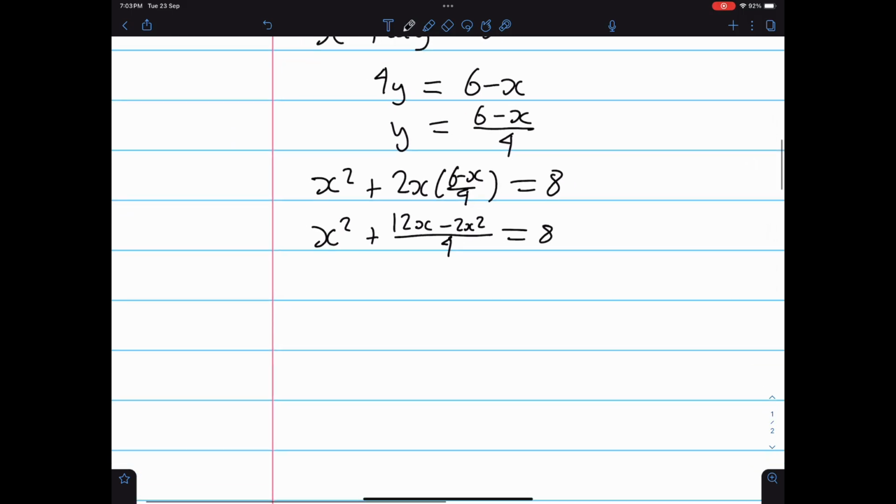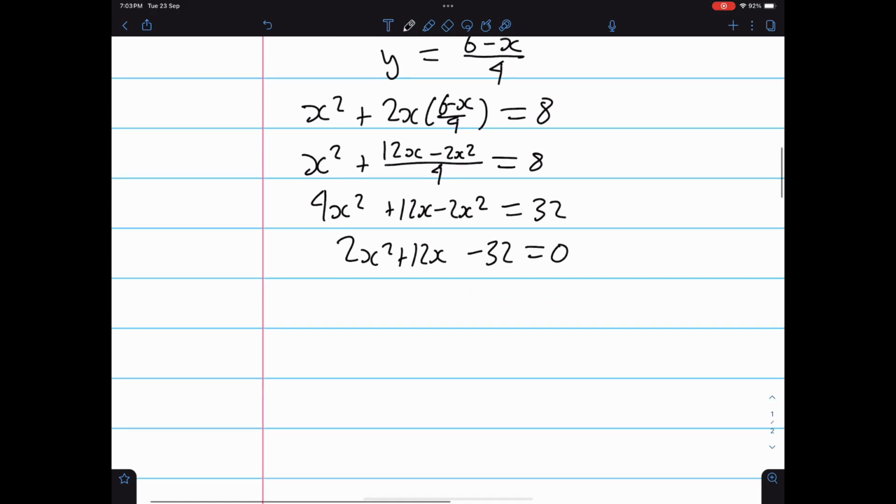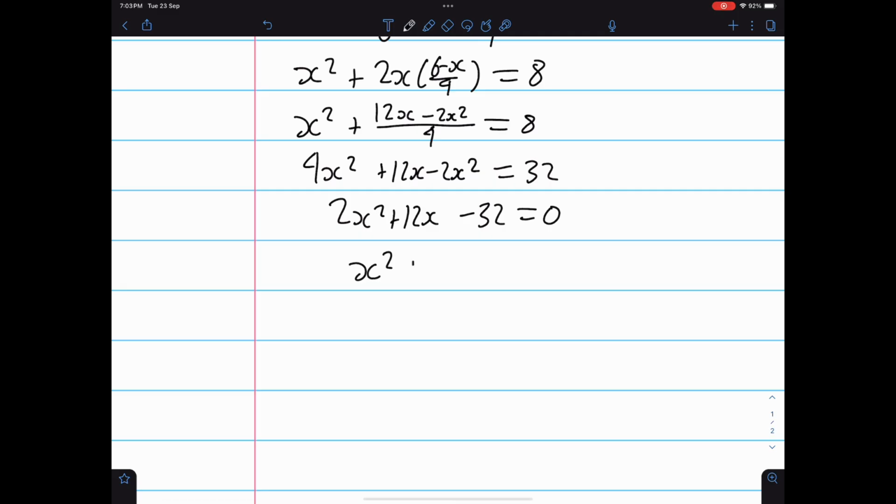And then I can just keep doing algebraic manipulation. And then eventually I'll get a quadratic, which I can solve very easily.